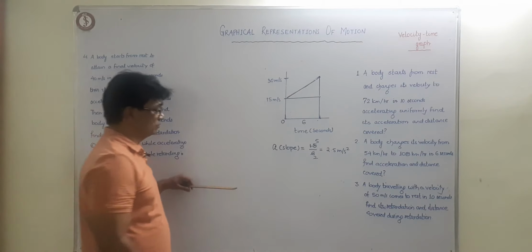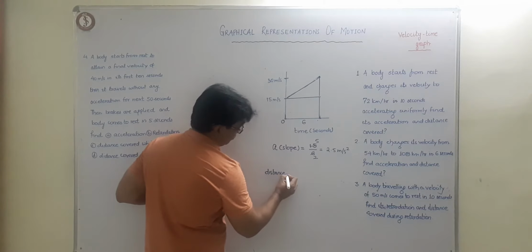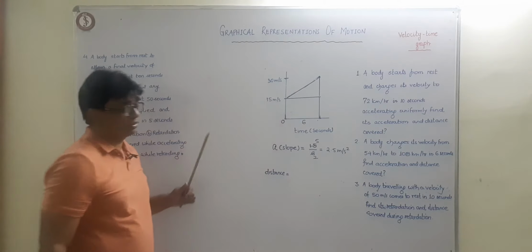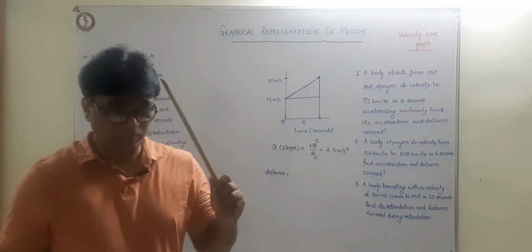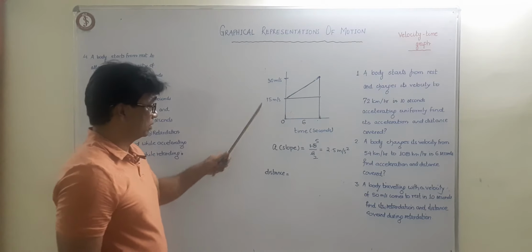And now distance covered is easy. In a velocity time graph, we can find two things: acceleration through slope and distance covered through the area of the graph.